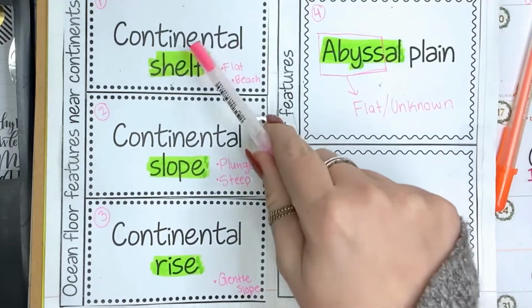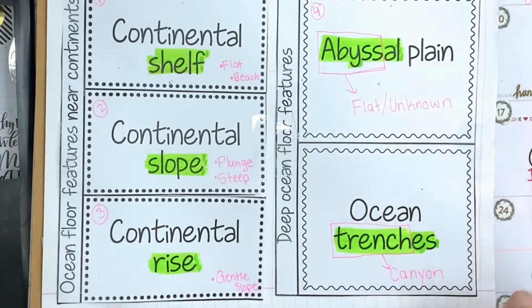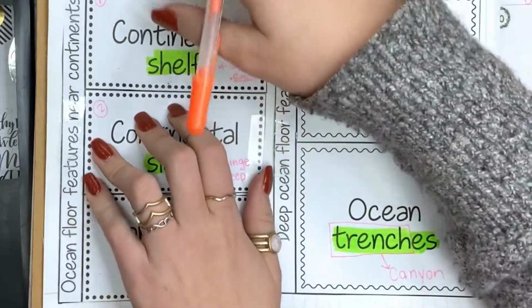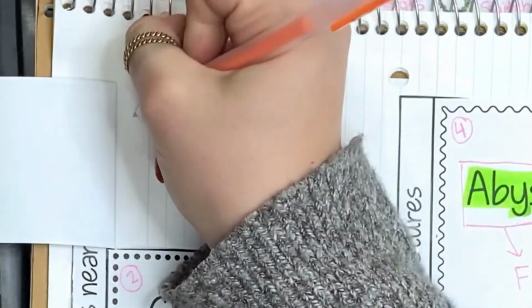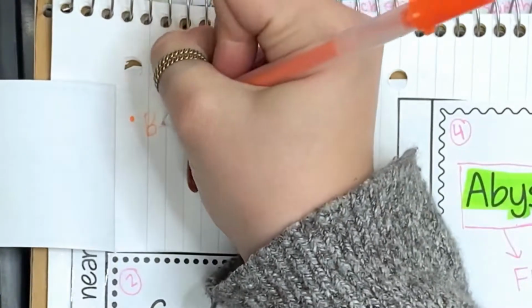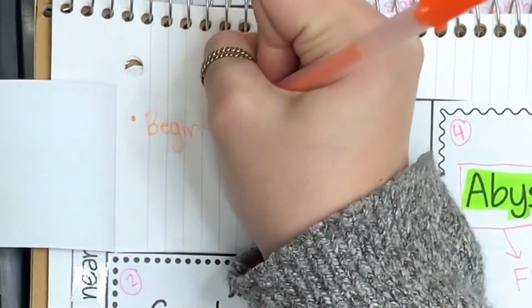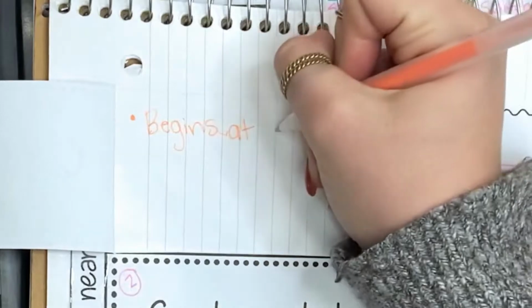All right, so let's talk about the continental shelf first. So you learned last time the continental shelf. I'm going to fold back my flap here. All right, the continental shelf. I'm making bullet points again. It begins at the shore.